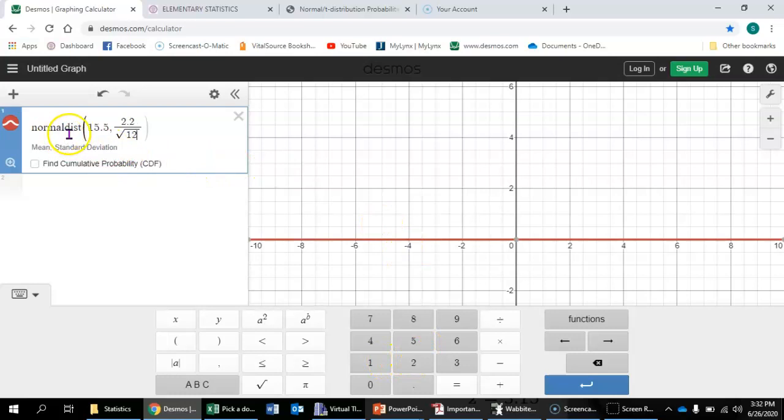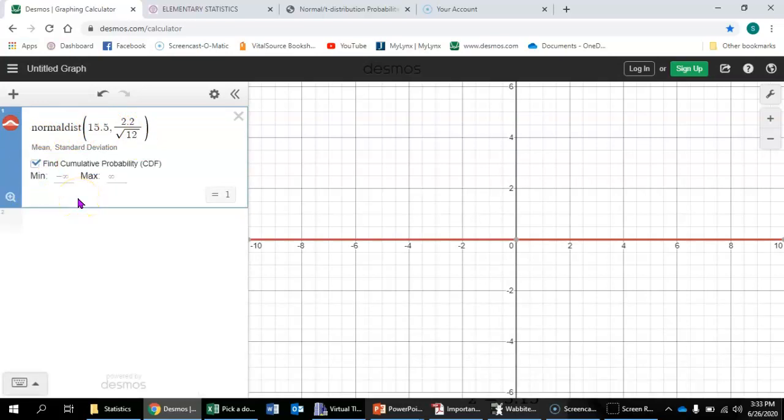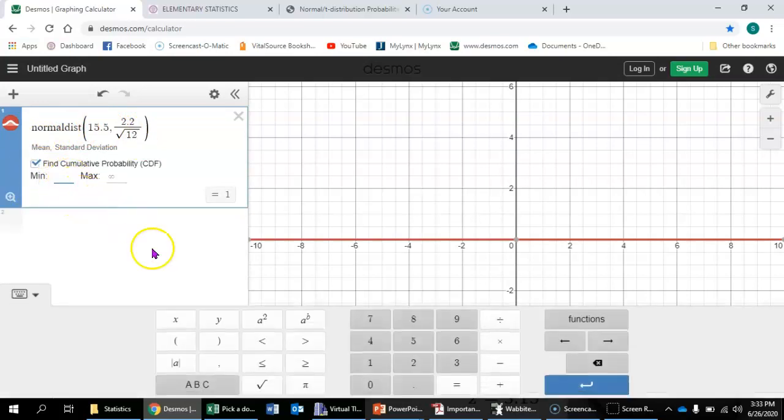So we're working with a normal distribution with a mean of 15.5 and a standard deviation of 2.2 divided by the square root of 12, which is what it is for the sample means, the x bars. Now I check the box next to find cumulative probability. My min, my starting point or lower number, is 17.5, and my max, my upper number, is infinity, so I'll just leave it like that, and the number that shows up here is 0.0008.